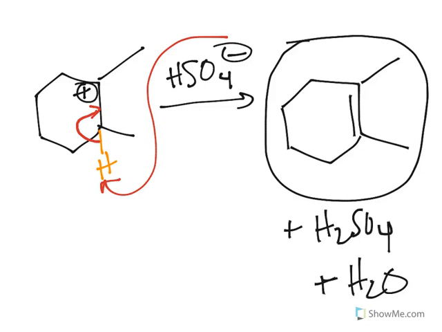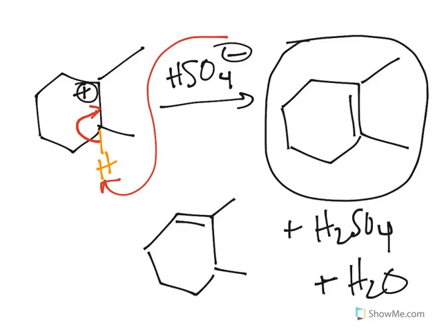Okay, so that's how we get this quaternary substituted alkene here, 1,2-dimethylcyclohexene. Can you form other products? Yes, you can, but this is going to be the major product here. Another product you could potentially form would be this guy right there.